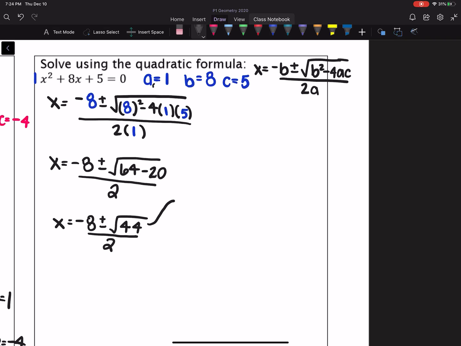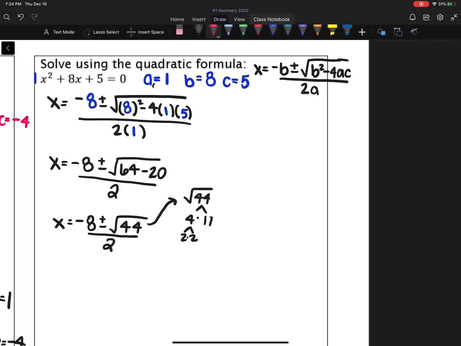And then even from here, we're going to want to try to simplify the square root. If you use your factor tree, we know 4 times 11 gets us back to 44, and 2 times 2 gets us to 4.